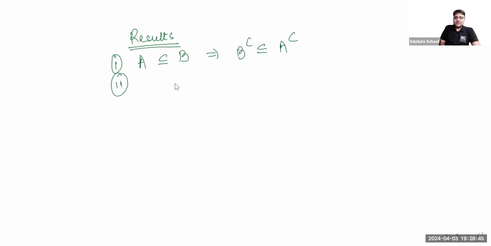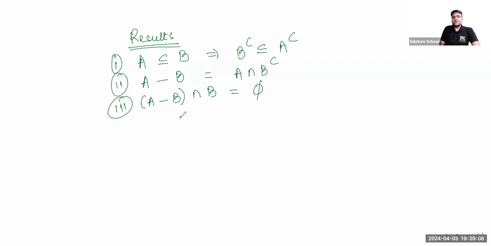Something that we have already seen when we were seeing the operation of difference. A intersection B complement is how we will refer to A minus B. A minus B intersection B: if I remove B out of A, this will have no intersection with B, so this will always be a null set.